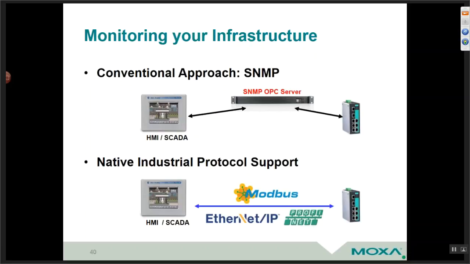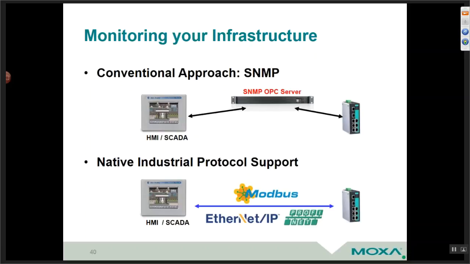The other thing is that oftentimes you can manage through industrial protocols as well. This requires you to know a little bit more about the protocol you're potentially using. In this case, you would have an HMI or a SCADA or a PLC, for example, that supports common industrial protocols like Modbus, Ethernet/IP, Profinet.